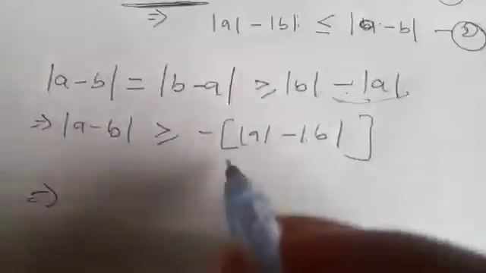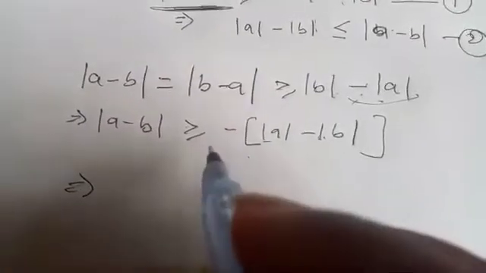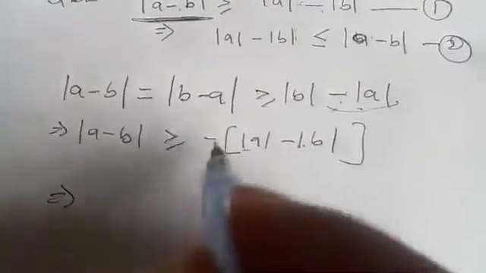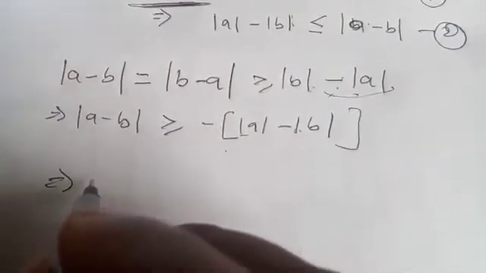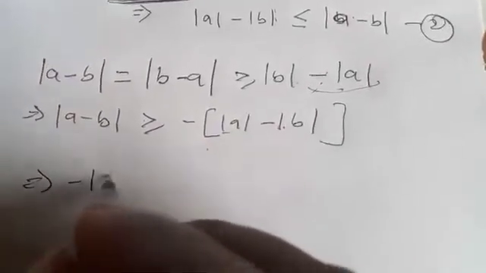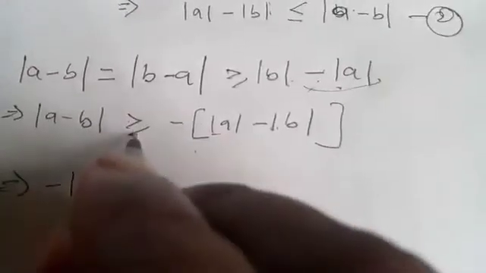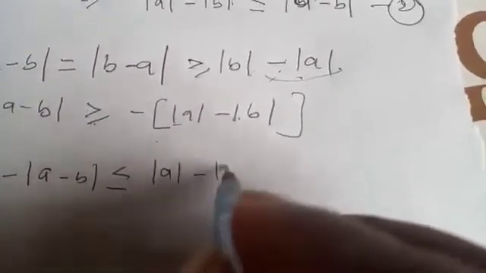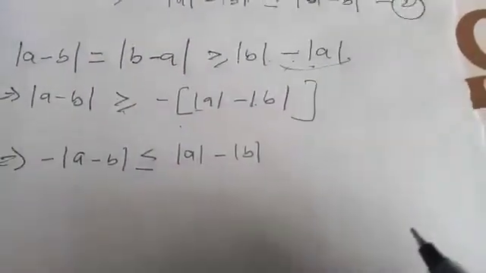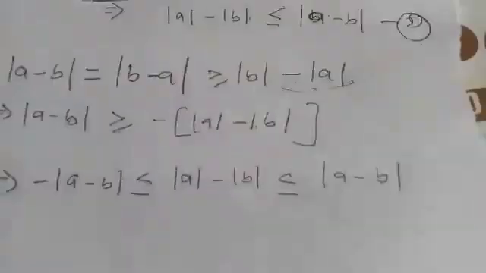Now, this thing that we wrote here, if I multiply both sides by minus, I'm going to have minus the absolute value of a minus b, and the minus will turn the greater to less, so it is less than or equal to the absolute value of a minus the absolute value of b. And by our equation 2, the absolute value of a minus the absolute value of b is less than or equal to the absolute value of a minus b.